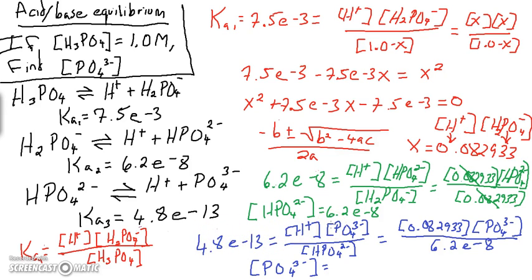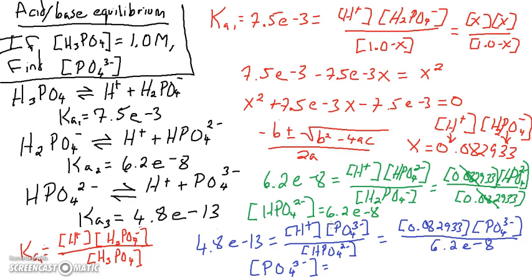When I do that in my calculator, oops, let's do it again. 6.2 E to the negative 8 times 4.8 E to the negative 13. And I get an answer of 2.976 E to the negative 20.